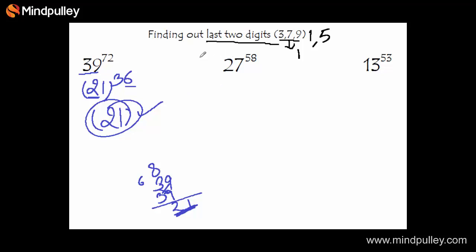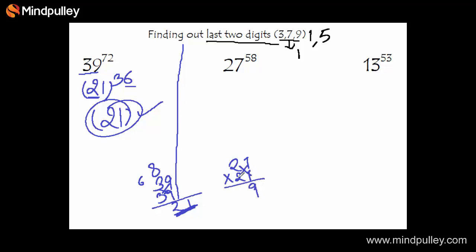Now our second example, I will draw a line here to separate this part. 27 power 58. Here we will make a number ending with 1, and 9 you can see. Now we can double it, 27 times 27. What is 27 times 27? We can write it as 27 times 27, that gives 9.